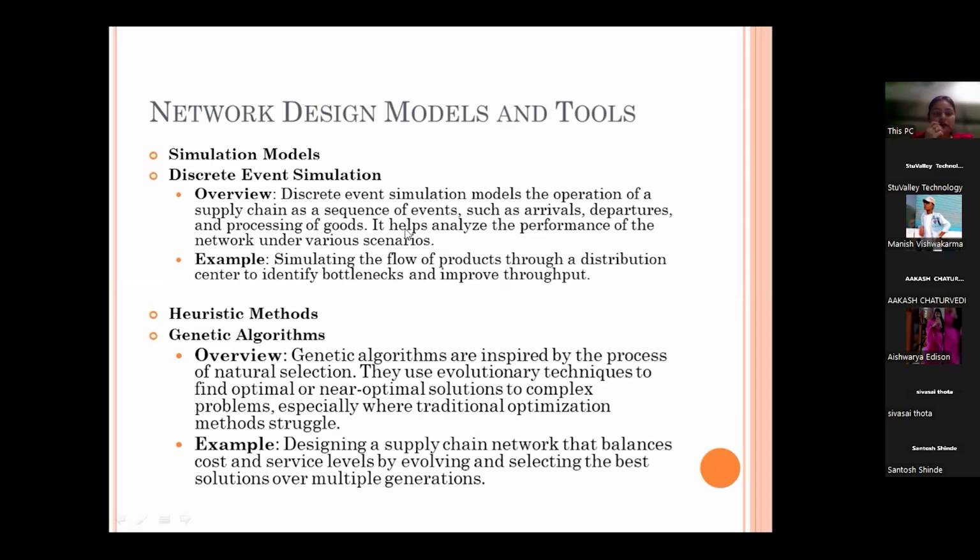Simulation models. The first method is discrete event simulation. So what do you think about the word discrete? Discrete event, these both. What do you think? Discrete event means.